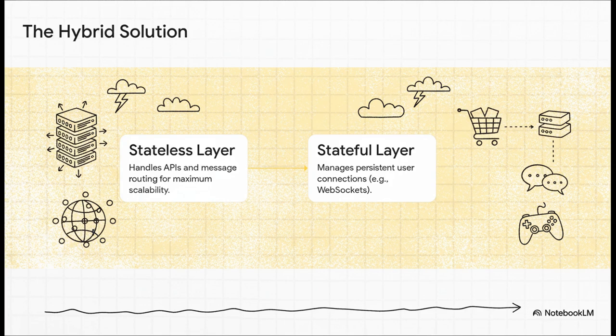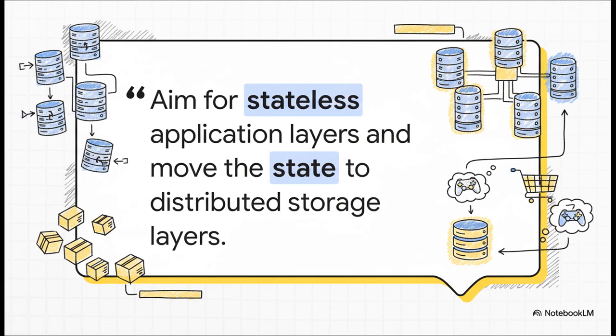You create a massive, horizontally scalable, stateless layer of servers for things that don't need a constant connection, like logging in or fetching your contact list. Then, you have a separate, specialized, stateful layer whose only job is to manage the live, persistent WebSocket connections for the real-time messaging.